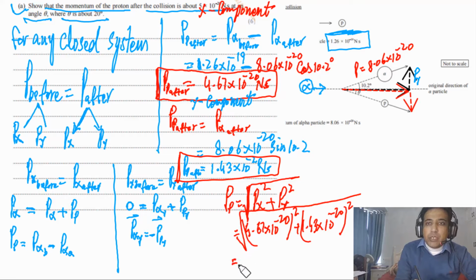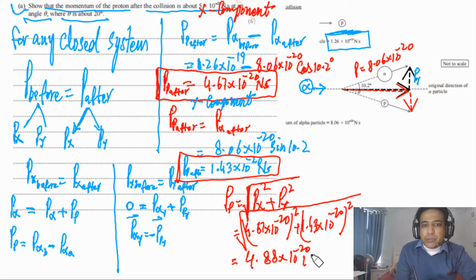If you take the square root, we will get the final value of momentum, which is 4.88 times 10 to minus 20 newton seconds. This answer is very close to this one. If you write it to 2 significant figures, you will get this value. So it means this one is correct.